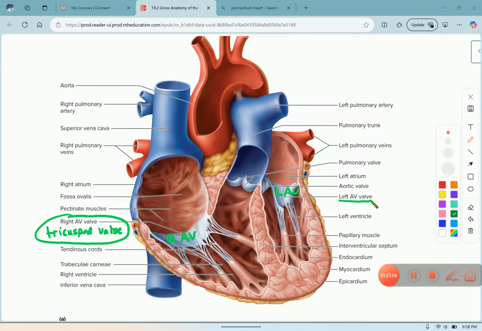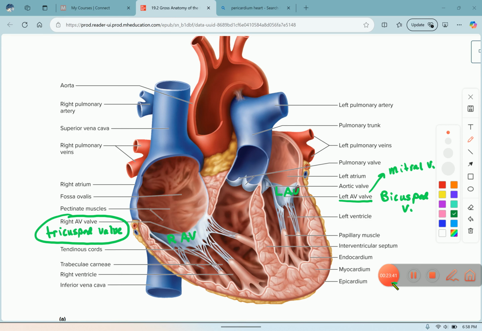Okay, the left AV valve, also known as the left atrioventricular valve, has another name called the bicuspid valve, also known as the mitral valve. So that one has 4 names: left AV valve, left atrioventricular valve, mitral valve, and bicuspid valve.